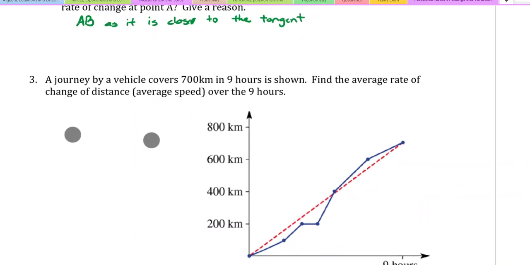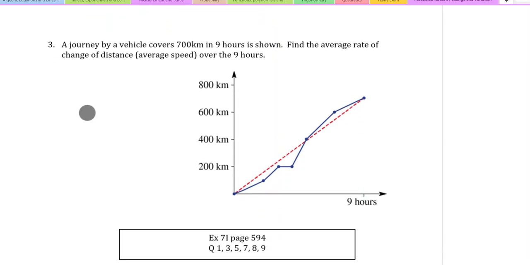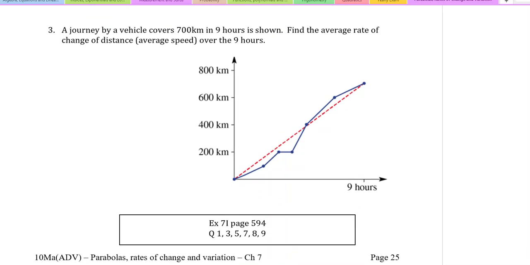Question 3. A journey by vehicle covers 700 kilometers in 9 hours, and it is shown. Find the average rate of change of the distance. Now, this rate of change is also called the speed over the 9 hours.